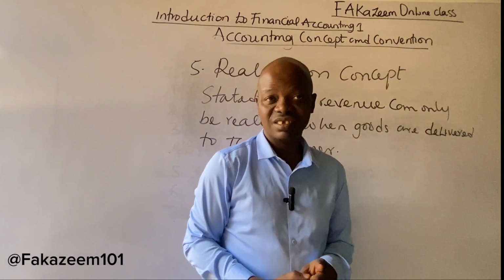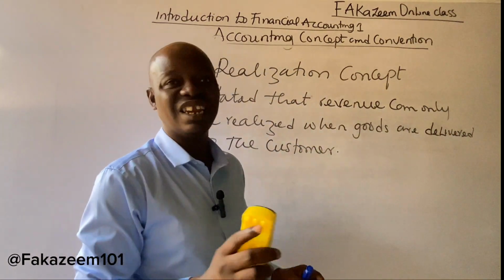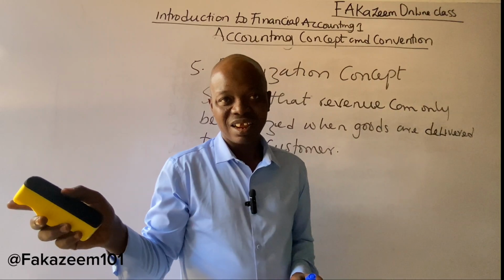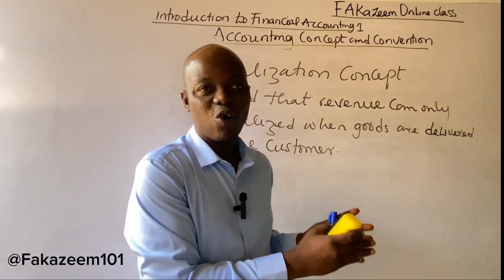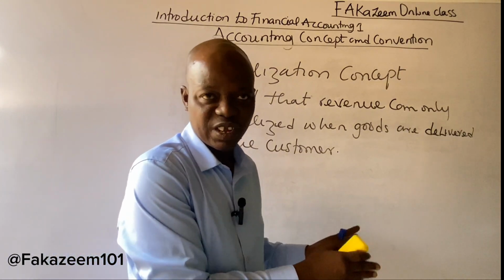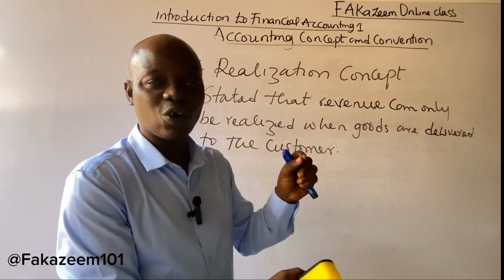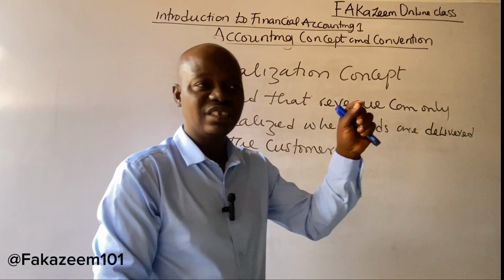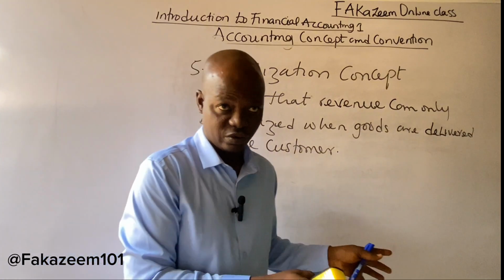What this means is that you don't earn revenue when goods have not been delivered to your customer. And we have learned one or two things here: an organization can only realize or earn their revenue on the condition that goods have been delivered to the customer and the customer has accepted the goods.